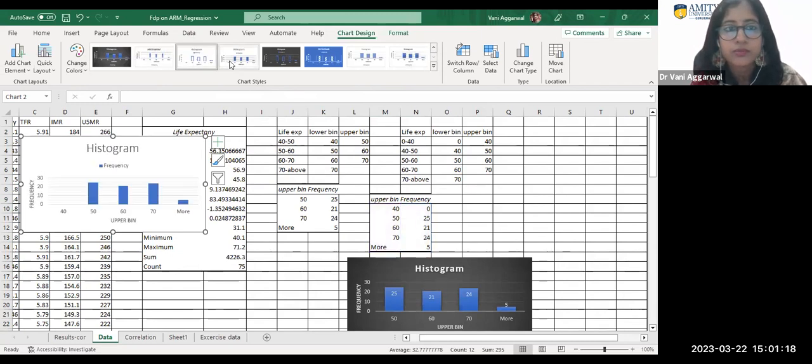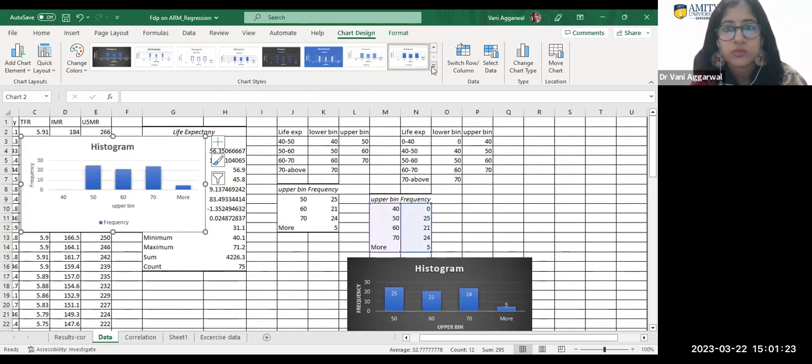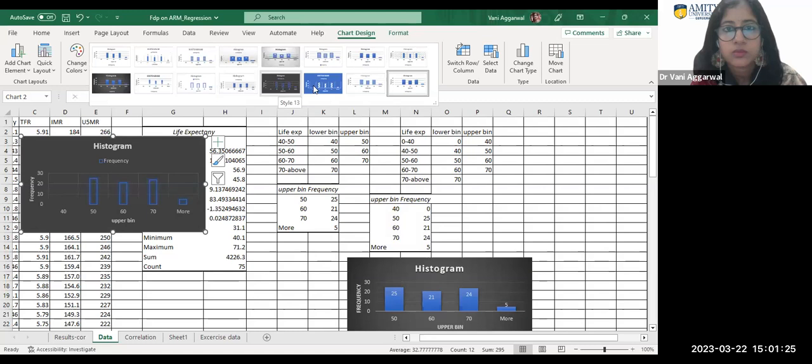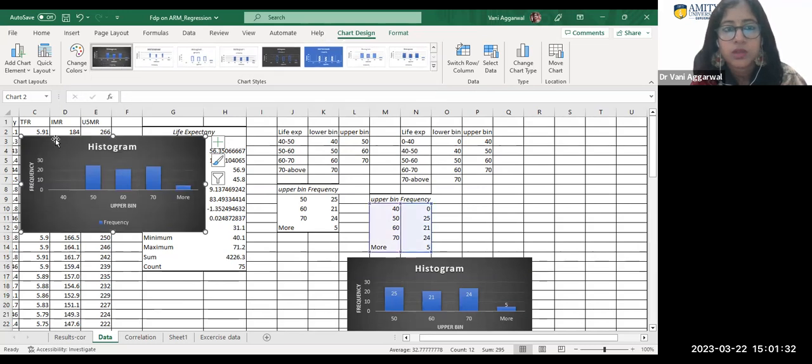Then 50 to 60, this much, and 60 to 70 is this much life expectancy. That's why under 40 there is no bar. So this is the interpretation, but to be specific on interpretation, you need to read more about the histogram.